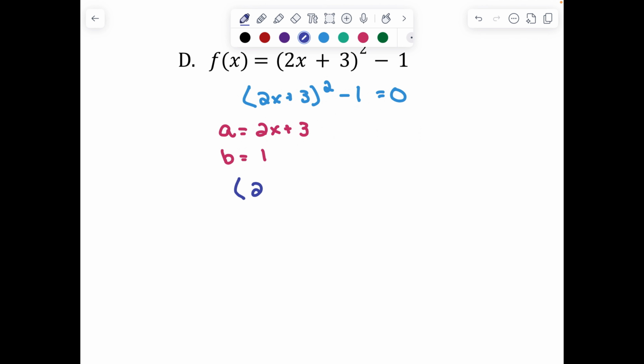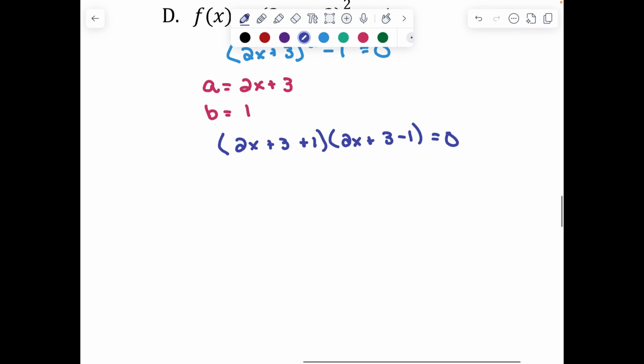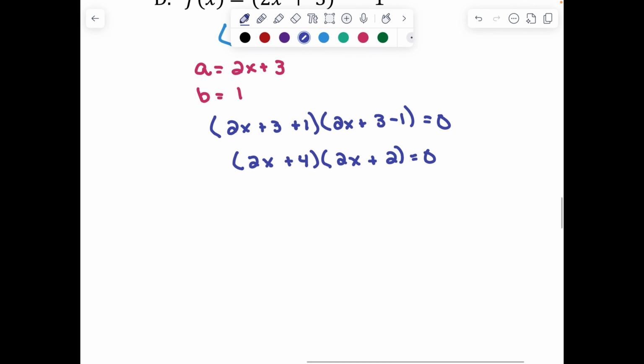So I factor this into 2x plus 3 plus 1 times 2x plus 3 minus 1 is equal to 0. I'm going to simplify that a little bit. So I have 2x plus 4 times 2x plus 2 equals 0. Now I do see that I have greatest common factors within those two factors. I don't really care about them though, because we're just going to set these equal to 0 and solve.